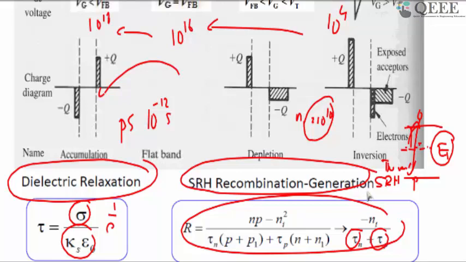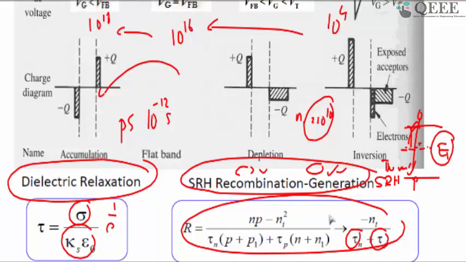And also if there is band bending, in some cases you can have more recombination and less generation. In some cases you have more generation and less recombination. So when you change the surface condition from depletion to inversion, here you are trying to favor generation.